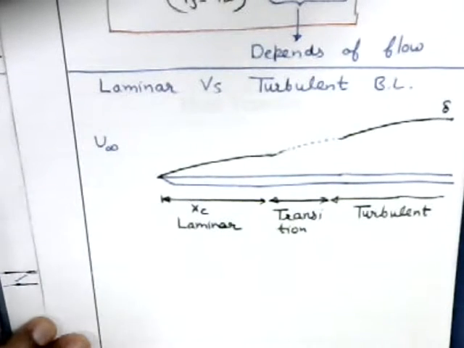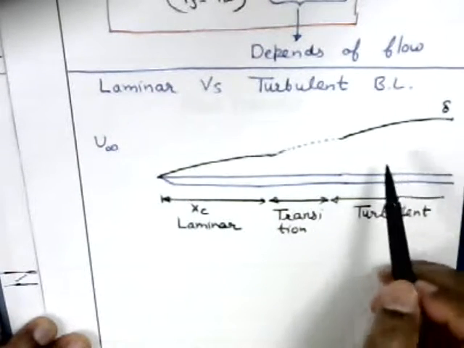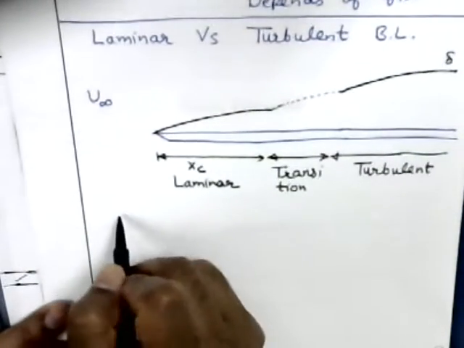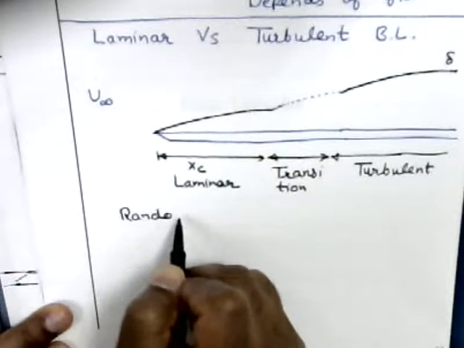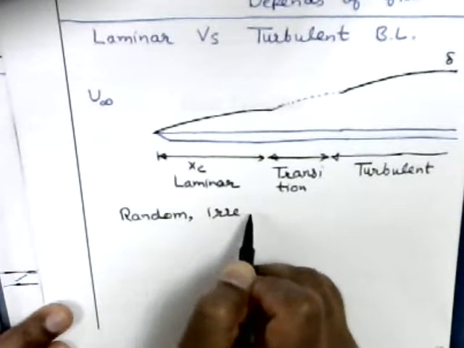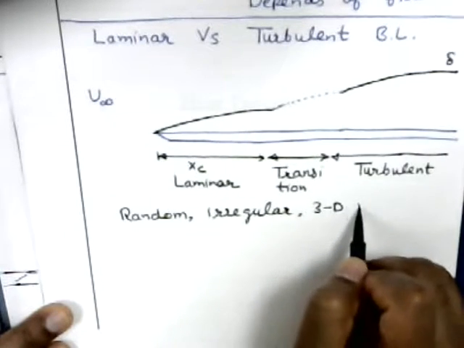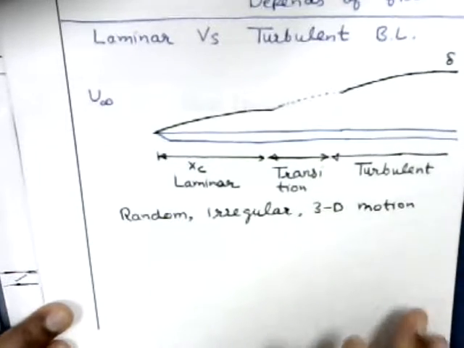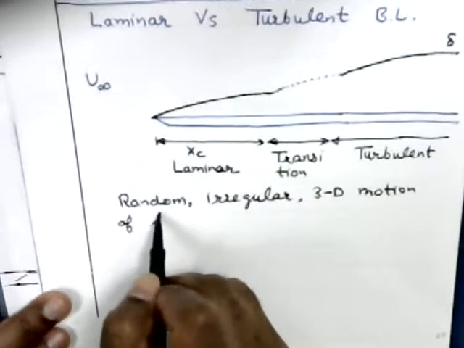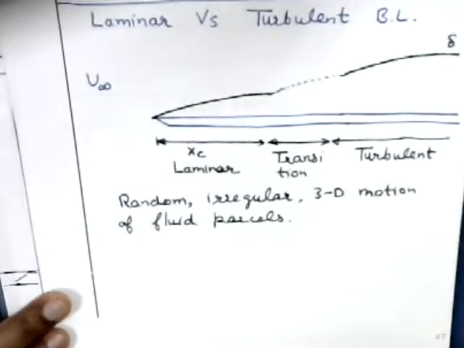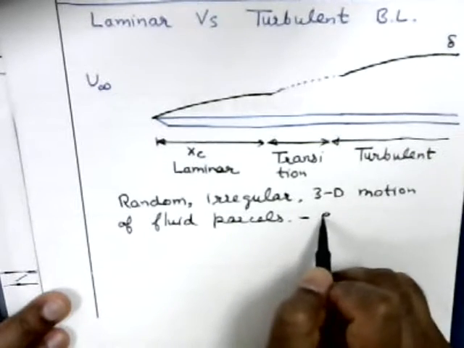And when the boundary layer becomes turbulent, apart from the flow which is in this direction, you have chunks of fluid particles moving randomly. So you have random, irregular, three-dimensional motion of, you can say, fluid parcels, and those are also called eddies.